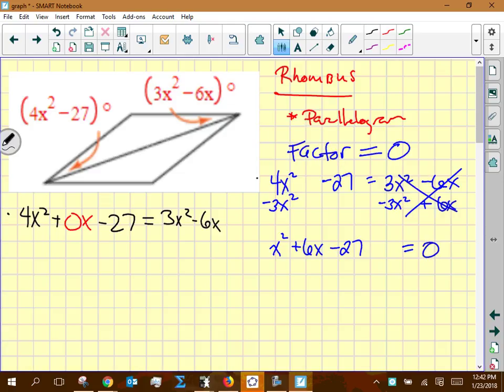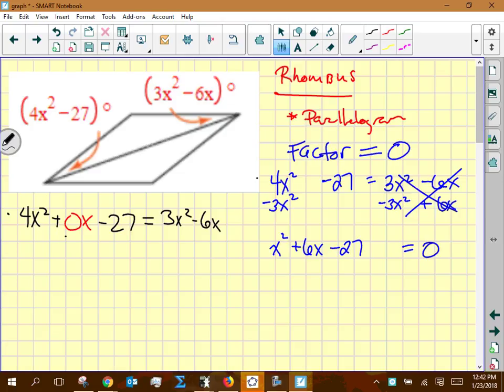Because what's 0 times x? It's just 0, right? 0 times anything is 0. We don't usually write that. It's not really something that we are taught to write, but it is useful in some aspects. It allows me to realize that there is a term over here that has x's with it. It's just 0, and 0 times x is 0.